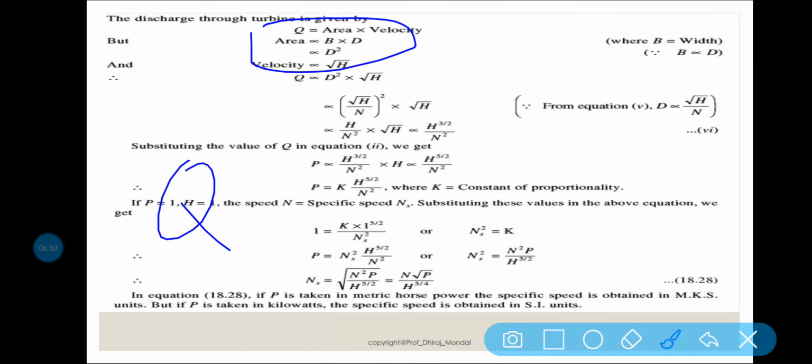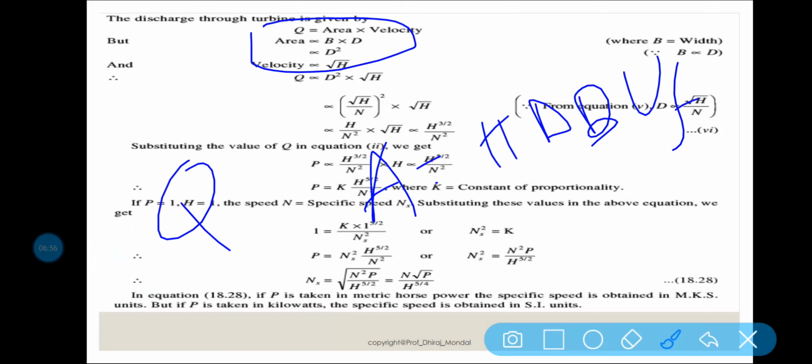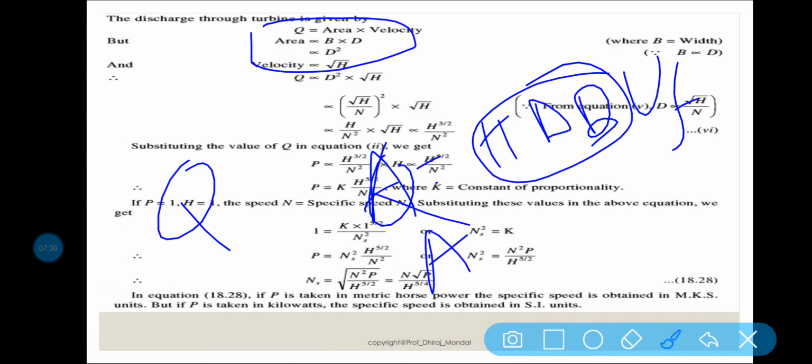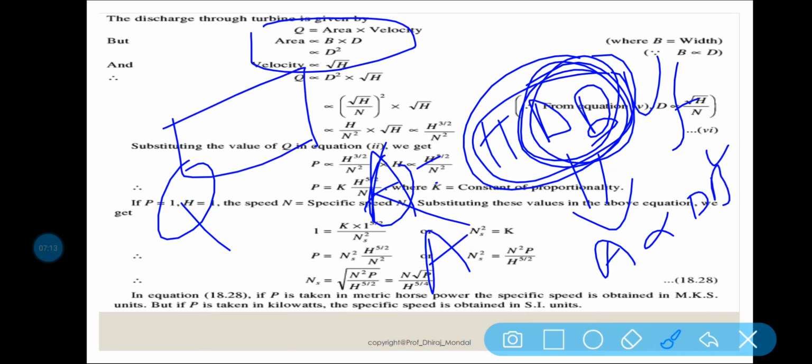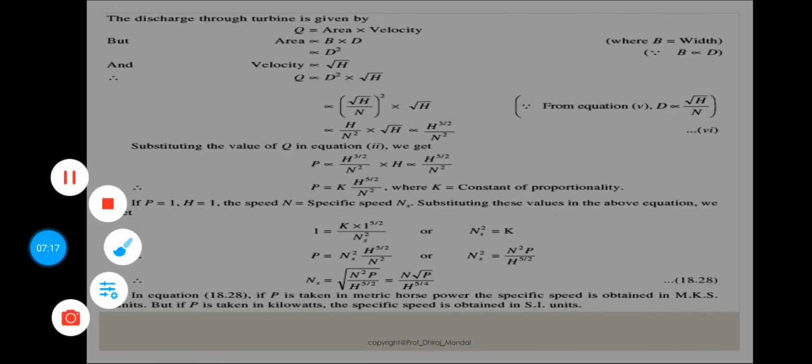Again I am telling you, discharge is equal to pi into d into b into vf. So this is your discharge. Now this is your area, and area is equal to d into b. That means area is proportional to d into b. b is the breadth, and d is the depth or diameter, you can say. That means again I'm writing.